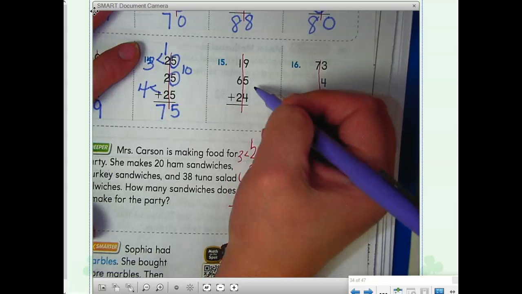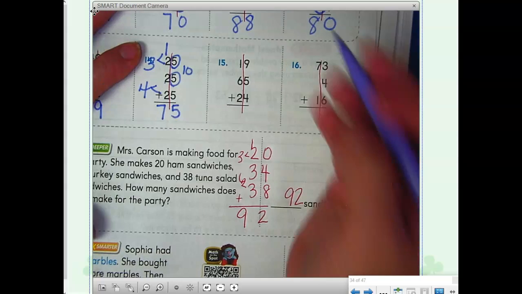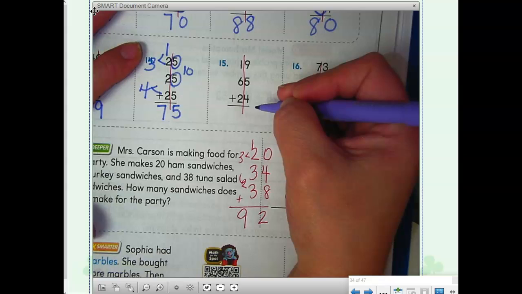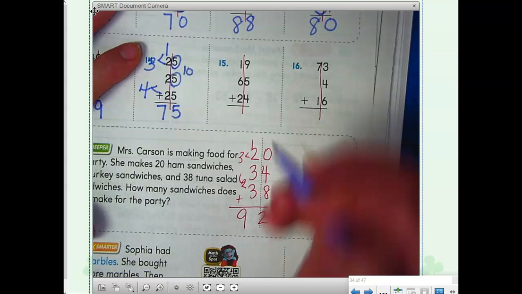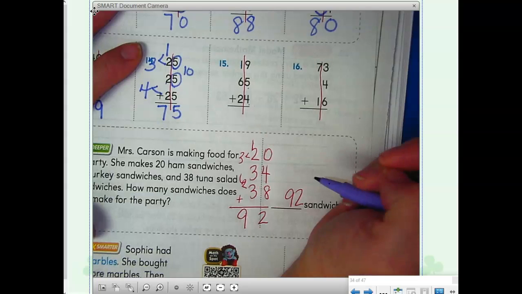All right, number 15. 19 plus 65 plus 24. Start with your ones column. 9 plus 5 plus 4. All right, I immediately see that if I add 5 plus 4, I can make another doubles fact.